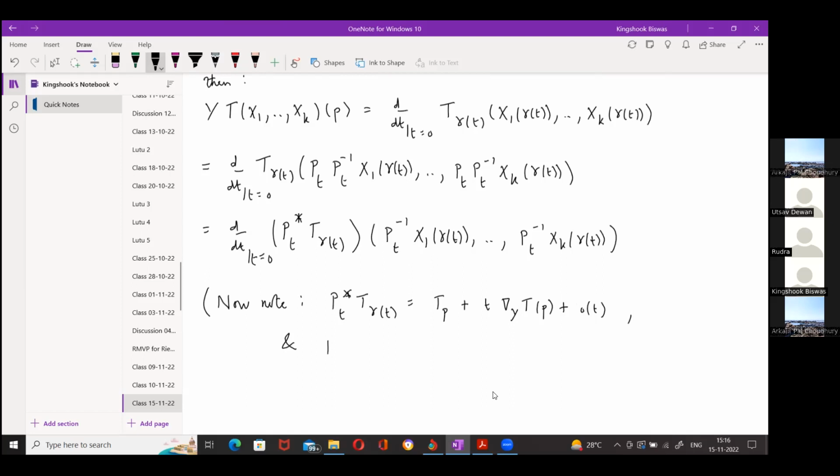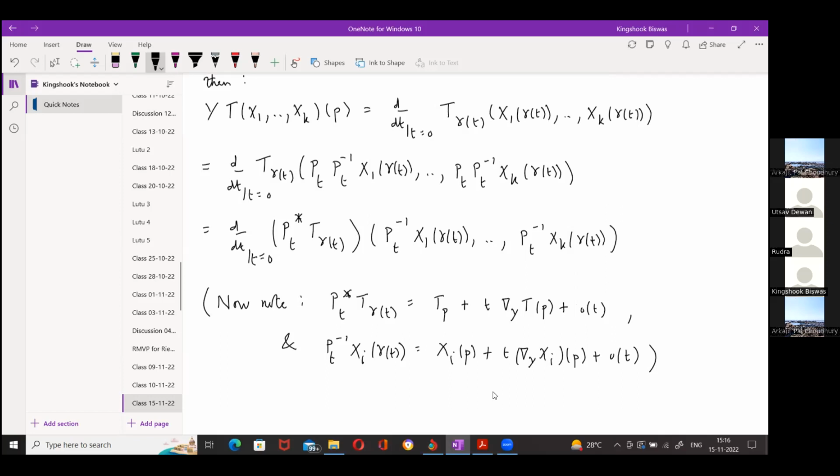So this P_t inverse Xi of gamma(t), I can write as Xi of p plus t nabla_Y Xi at p plus little o of t, right?